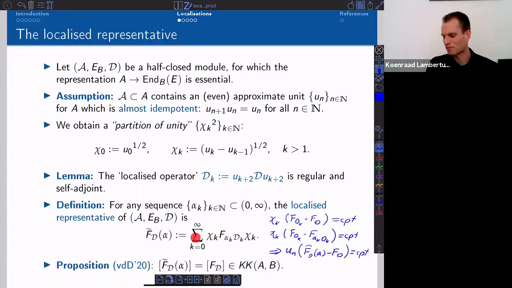With the UN, by construction, there are only finitely many KK which are non-zero on the support of UN. So if you put a UN in front of this localized representative, then this infinite sum becomes a finite sum, a finite number of compact perturbations, which is again a compact perturbation. Okay, so this is our localized representative.